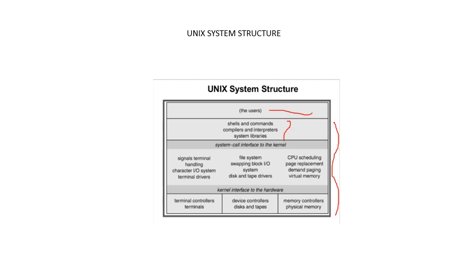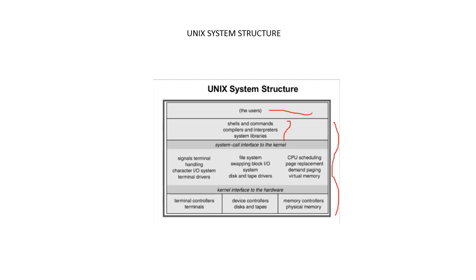All these things are combined into one level. So this is called a monolithic structure. Everything has been combined into one level, which makes it a little difficult to implement and maintain. It is a good structure, but the monolithic structure is the disadvantage of the Unix system structure.